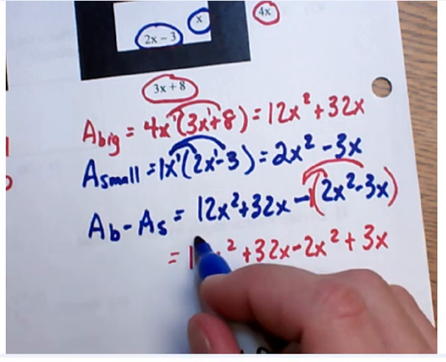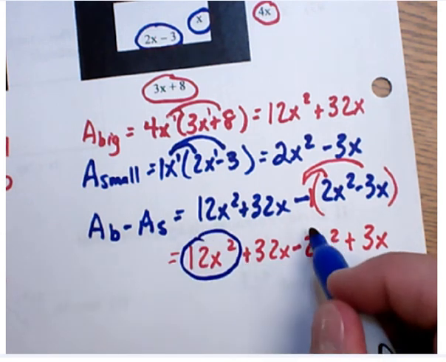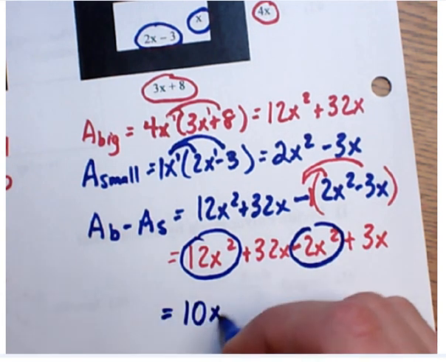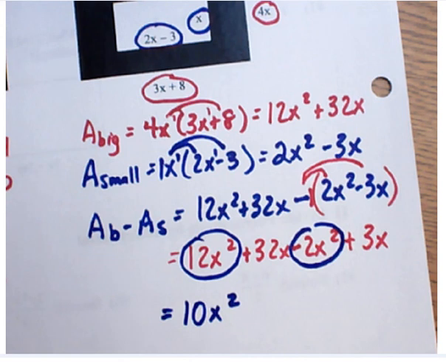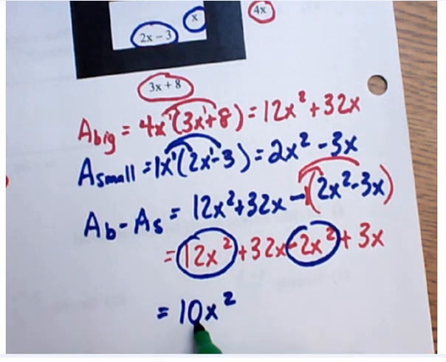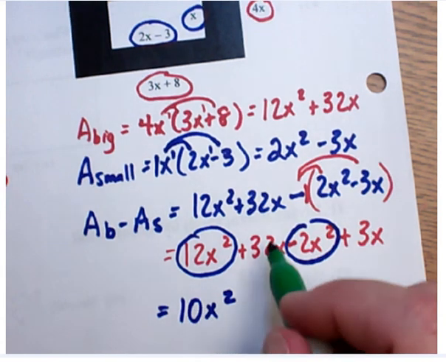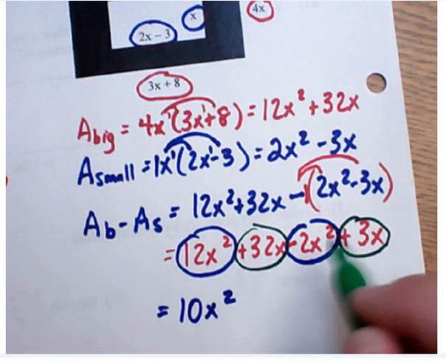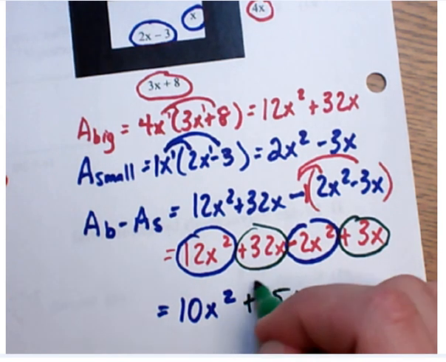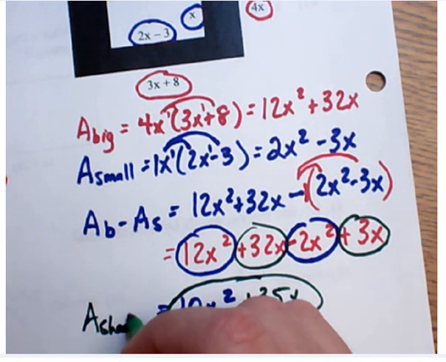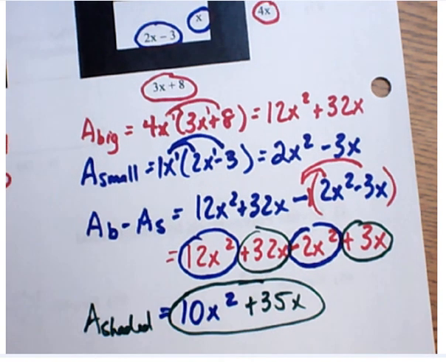We have 12x squared minus 2x squared. 12 minus 2 is 10x squared. When you add and subtract like terms, you do not change the exponents, just the coefficients, the numbers in front. Positive 32x, positive 3x. 32 plus 3 is 35x. That is the answer. That's the area shaded, 10x squared plus 35x, and that is the end of notes.